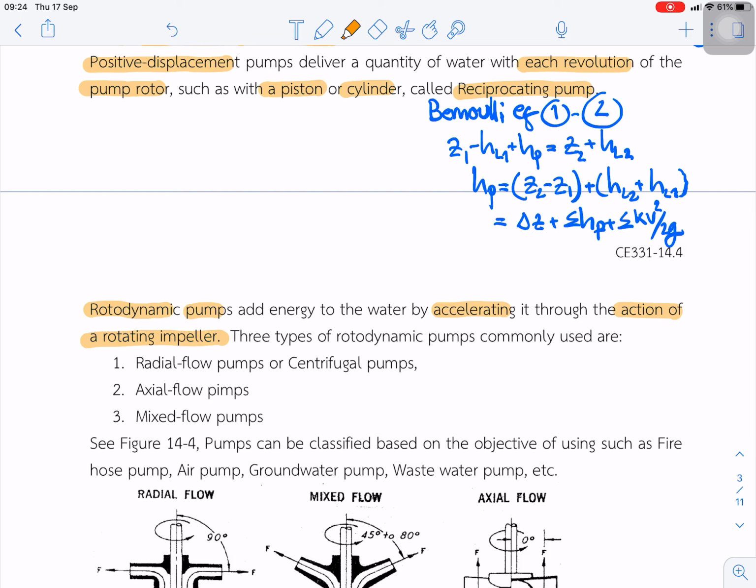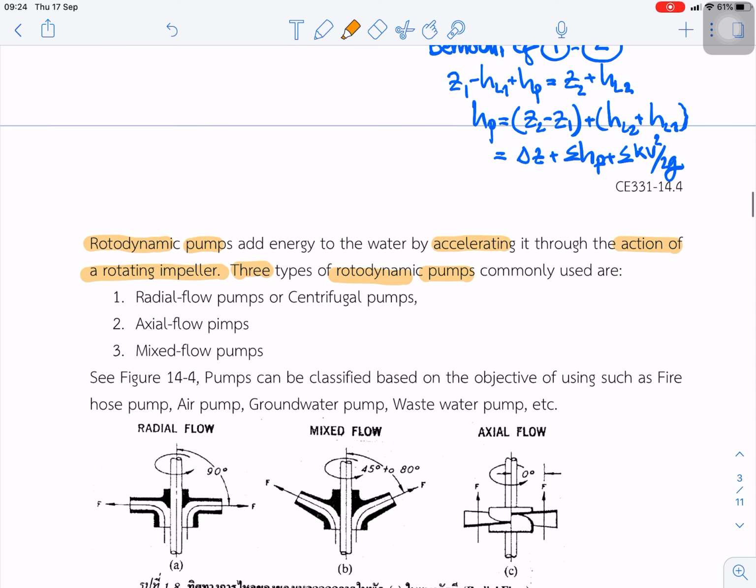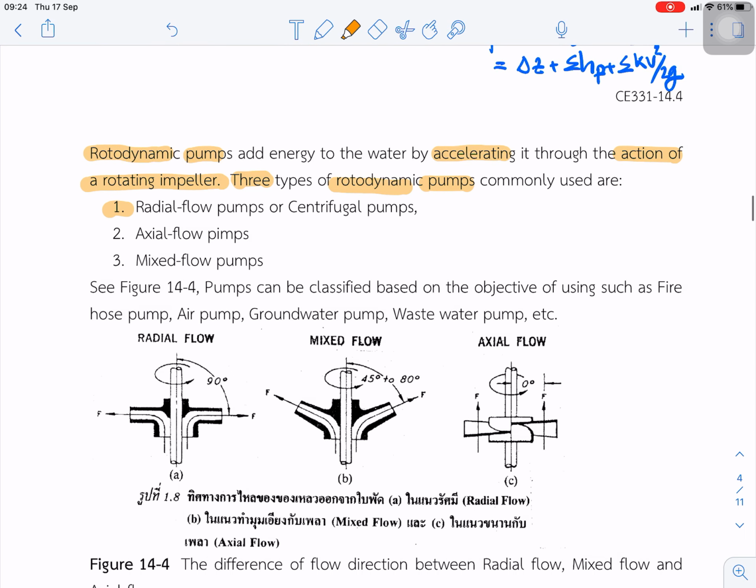There are three types of rotodynamic pump. The first we call radial flow, where the flow moves along the radius.